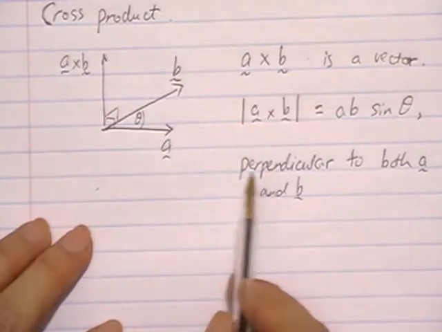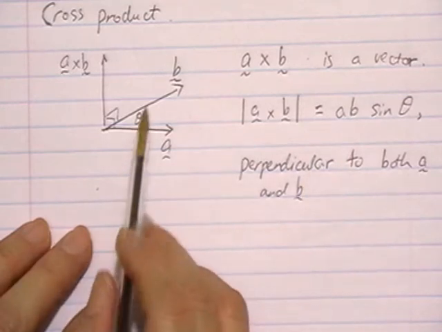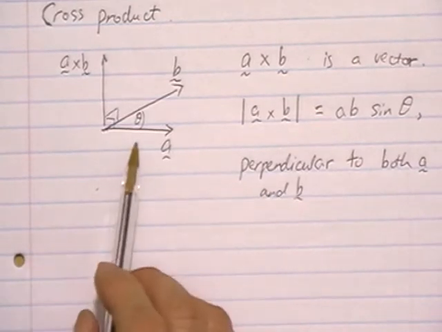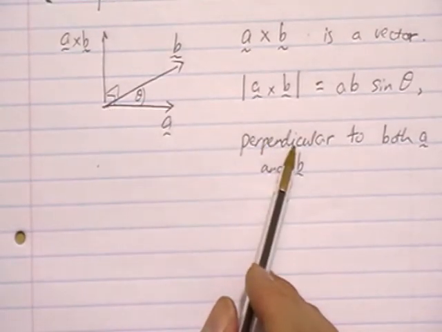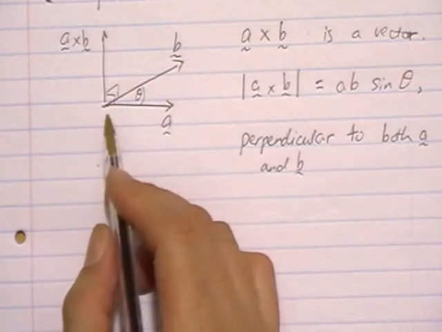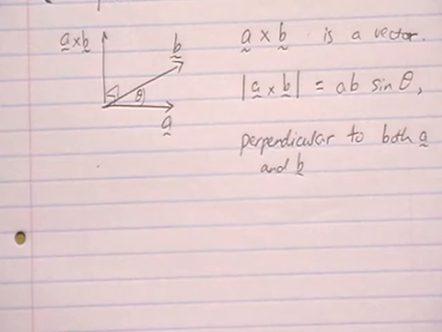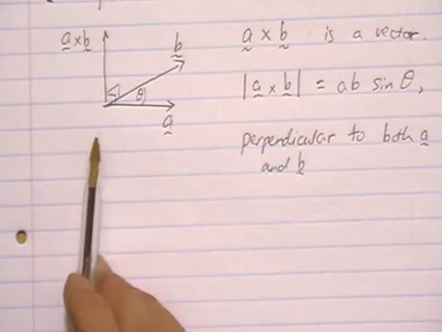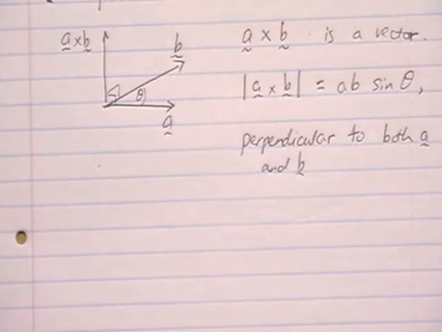But this description that it is perpendicular to both A and B is not enough to specify the cross product, because a vector perpendicular to both A and B could also point in the opposite direction. In order to specify which direction, we use what is called a right-hand thumb rule.